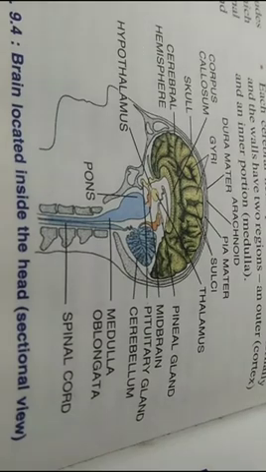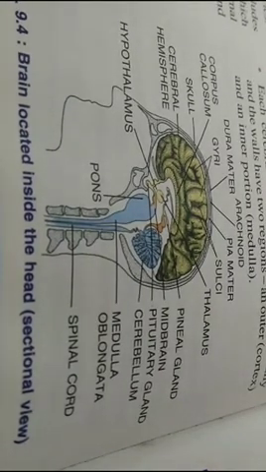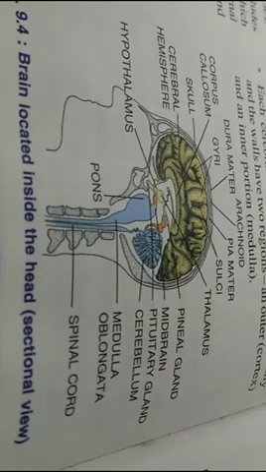Each cerebral hemisphere is hollow internally and the walls have two regions. The outer region is called the cortex, and the inner portion is called the medulla.